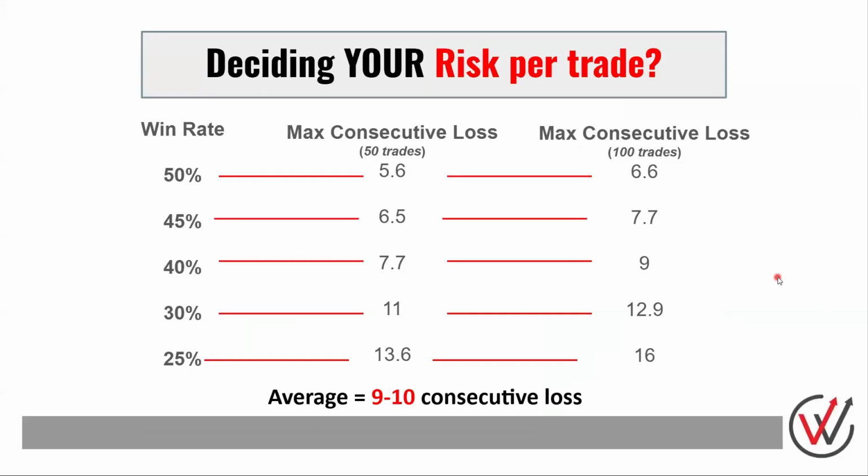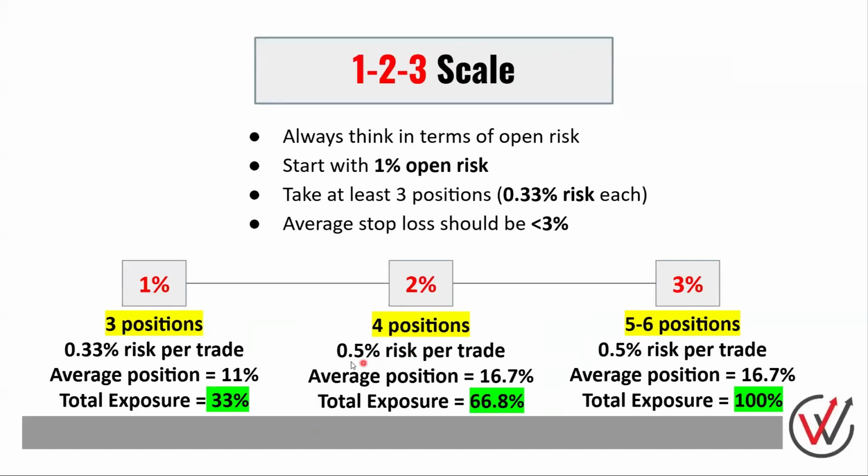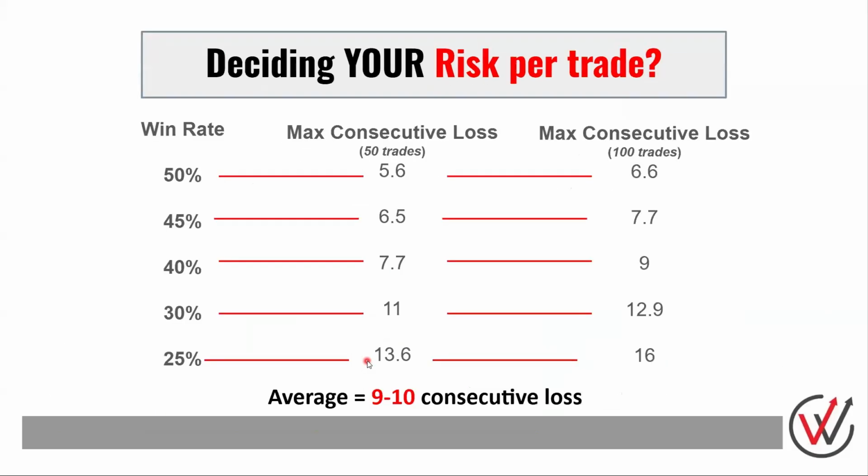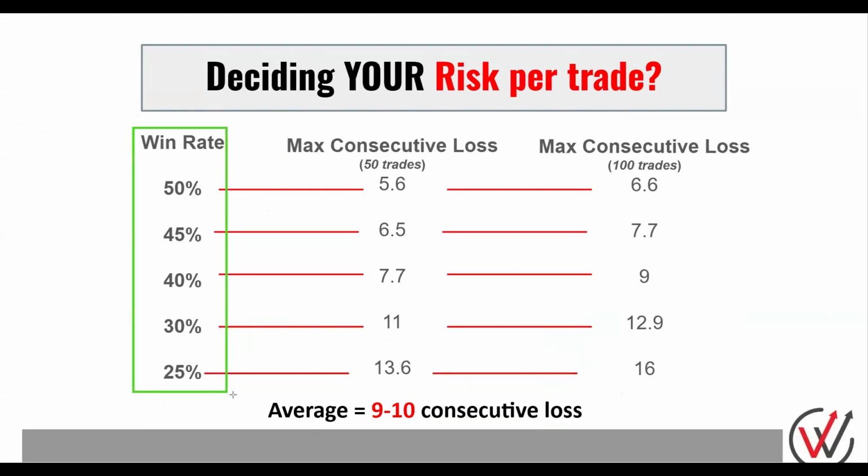Like I said, I just shared that your risk per trade should never be over 0.5% for anyone. This is the reason. When you're deciding your risk per trade, the only thing it depends on is your win rate. All of us have a win rate of less than 50%. That is something we have to accept.